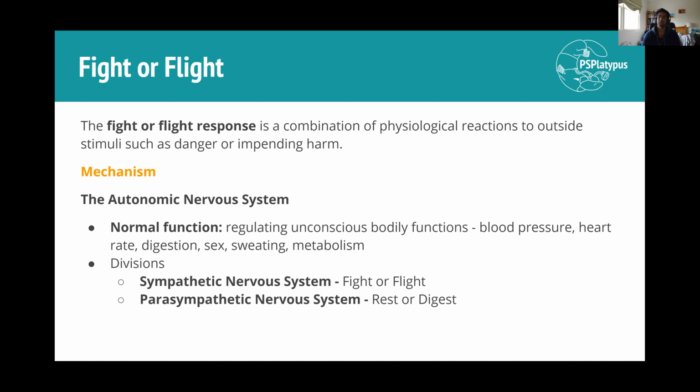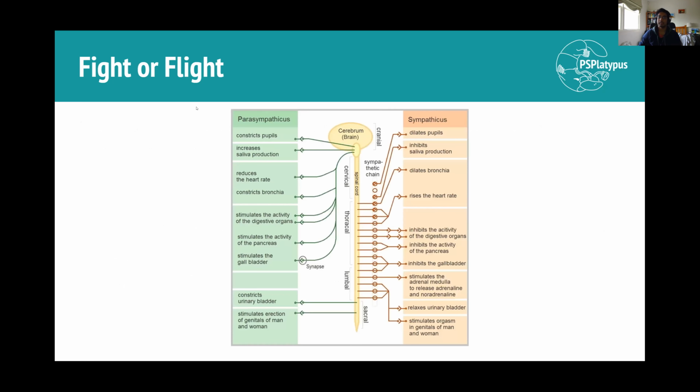So this is the chill part of the ANS, and we call it the rest or digest. So when you're resting or when you're digesting food because everything's safe and you don't need to worry about anything, this is what's dominant. So the next slide shows sort of the effects of them, and you can see right here, in a lot of cases, the effects of the parasympathetic and the sympathetic nervous system are directly in opposition. So the parasympathetic will do something, so the sympathetic system will do the opposite.